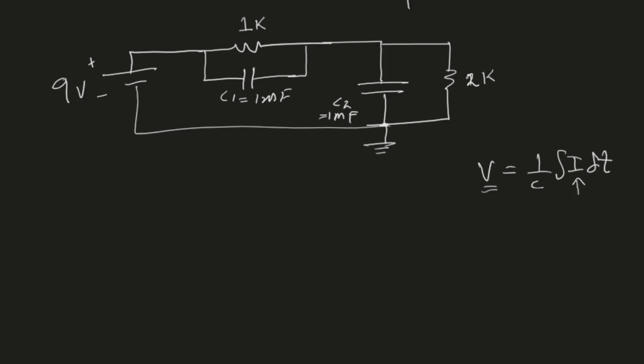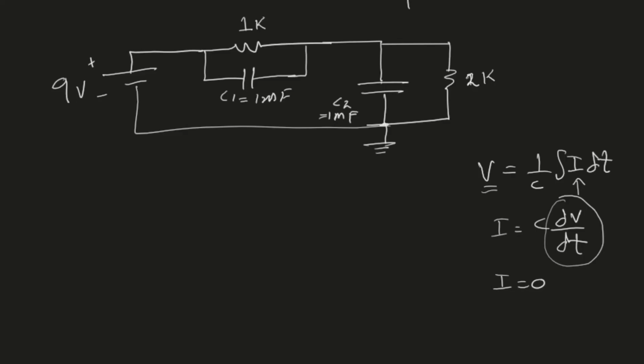There is no current that flows in the capacitor. We can also see this from the other equation, that I is equal to C times dV by dt. If the voltage is not changing, then dV by dt is equal to 0, and then the current through the capacitor is 0. So the point here is that once we are in the steady state, the current in the capacitor is 0, which means the capacitor will look like an open circuit.